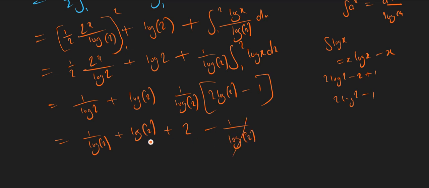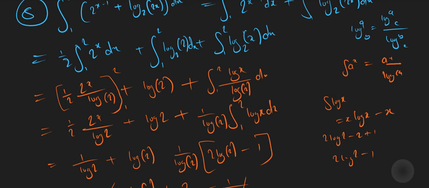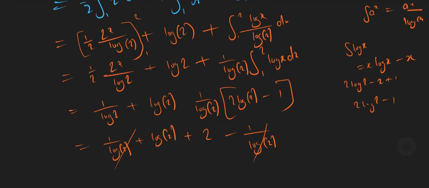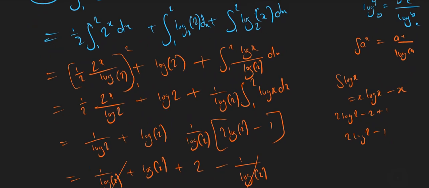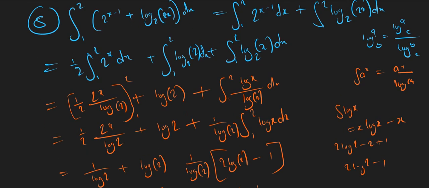Okay, so this cancels out. So what is remaining? Two plus log 2. I think there must have been a mistake somewhere, but I'll check.